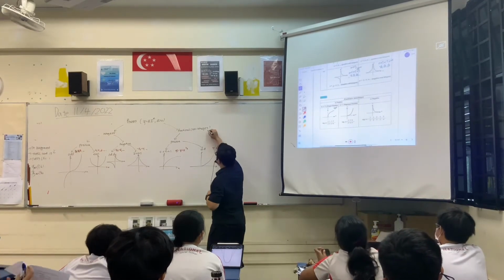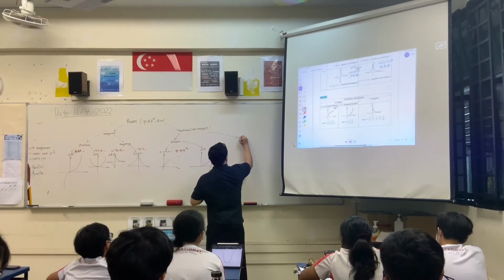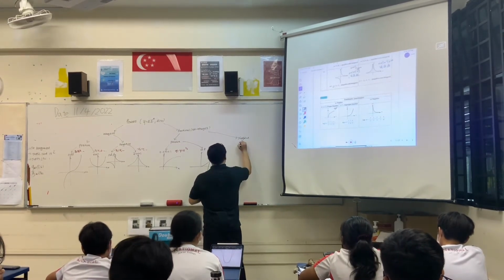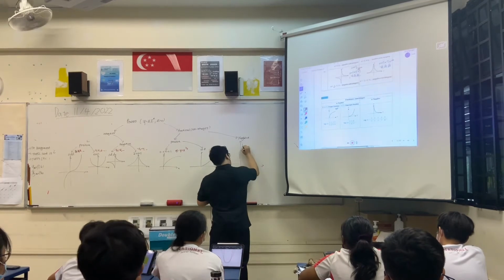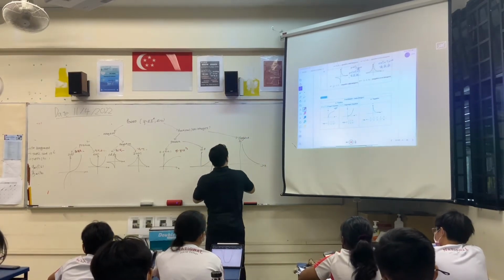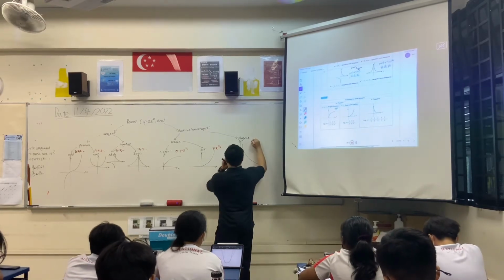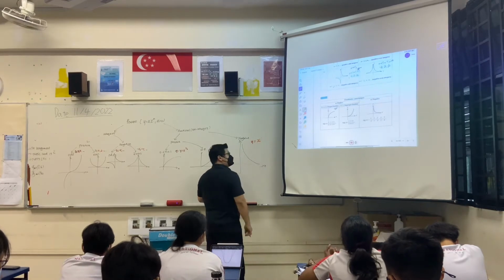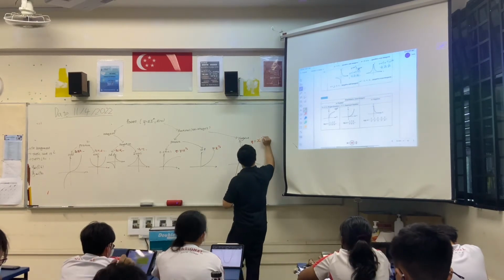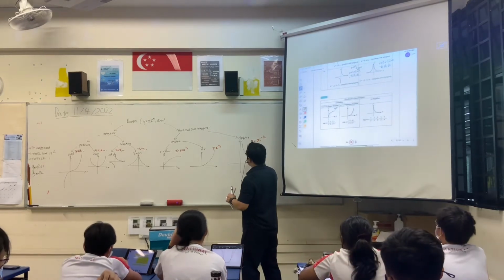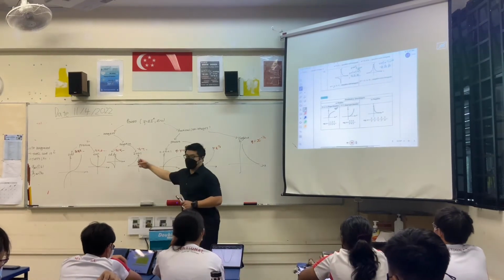If it's negative, it will look something like this. For example, y equals x to the power of negative half. This looks very similar to this.